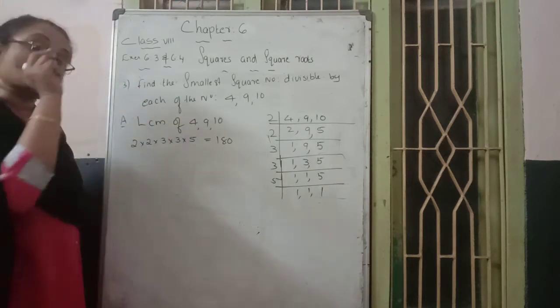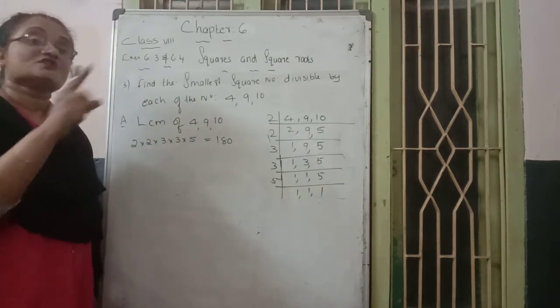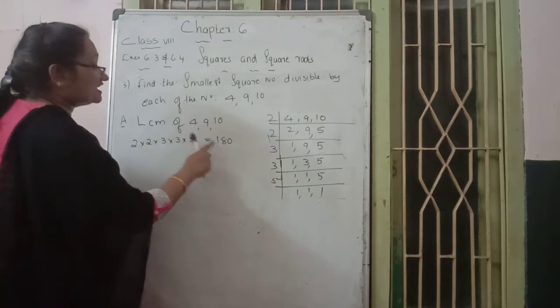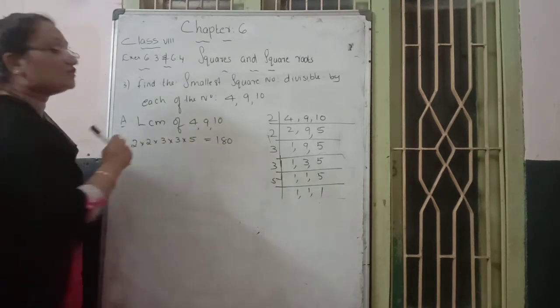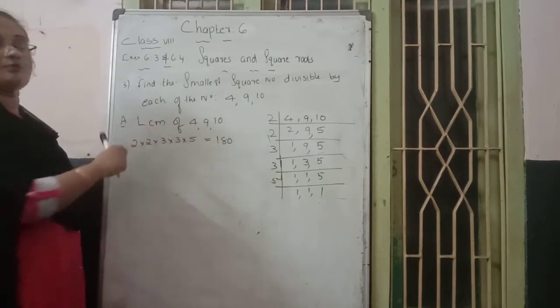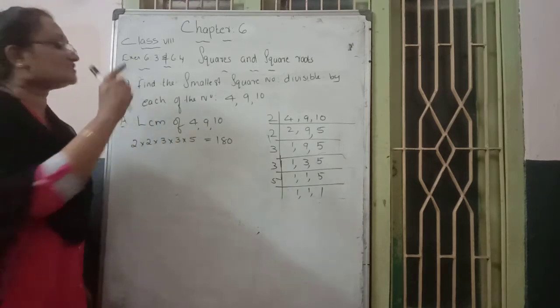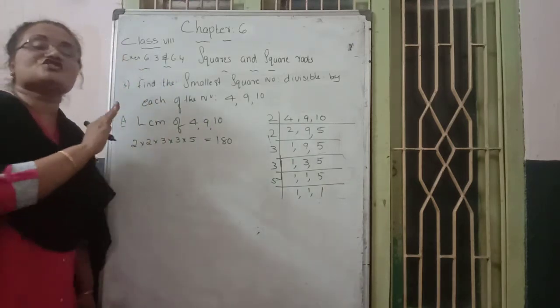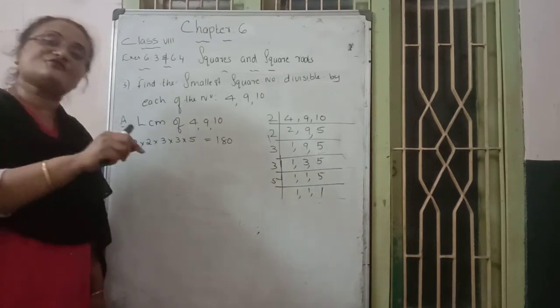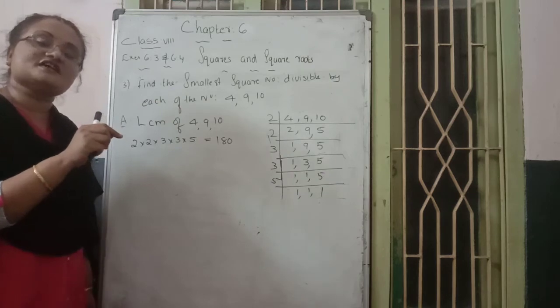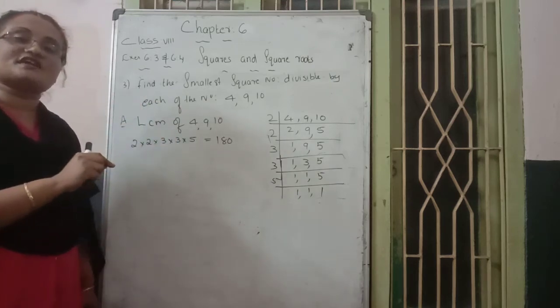But we want a square number. We understood in earlier classes that 180 is not a perfect square. What is the reason? Here 5 has no pair, 2 has a pair, 3 has a pair. 5 has no pair, which is why 180 is not a perfect square. We want to make that number a perfect square. How do we make 180 a perfect square?